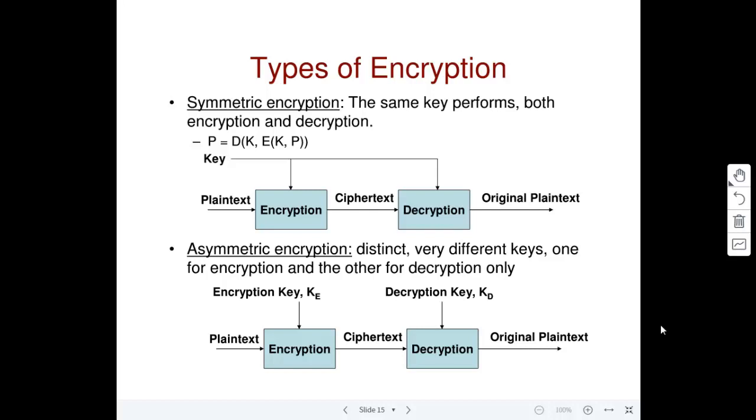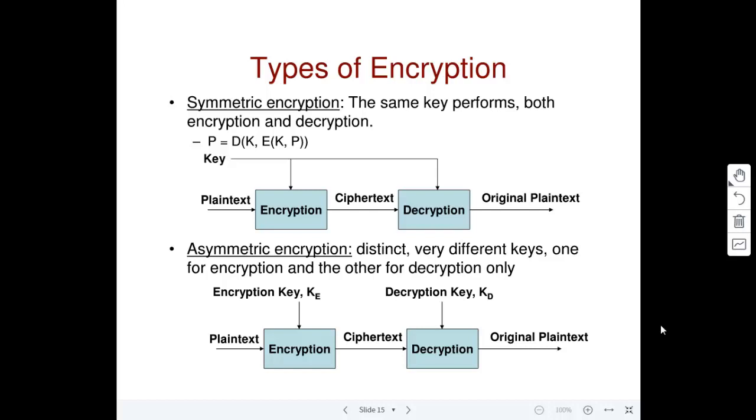So if you have plain text, which means the actual message that you want to encrypt, you use a key to do the encryption and use the same key to also do the decryption to get back the plain text. The in-between, the encrypted plain text, is called the ciphertext. These are some terminologies you should also remember.